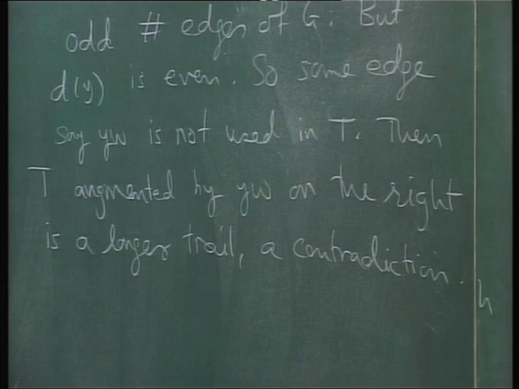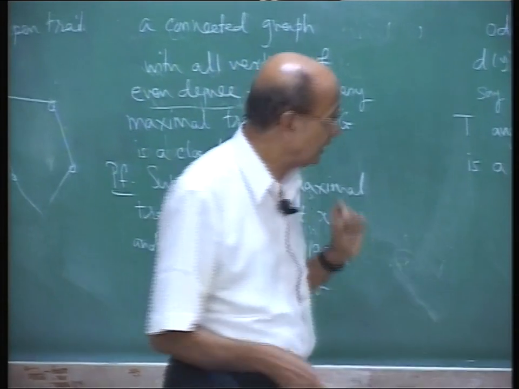So there is no escape from this argument. When you have each vertex of even degree, the maximal trail that you try to construct must come back to the same vertex. It must come back to the same vertex. We are almost close to giving a second proof of Euler's theorem. So it's sort of a different idea.